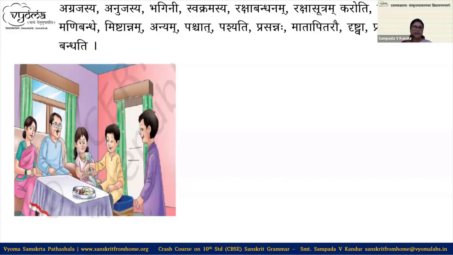So agrajasya, anujasya, bhagini, swakramasya, rakshabandhanam, rakshasutram, karoti, karishyati, manibandhe, mishtannam, anyam, paschat, pashyati, prasannah, mata pitarau, drishtva, prasannau, parvanah, bandhati. Okay, right? So this is what is given in the Manjusha.